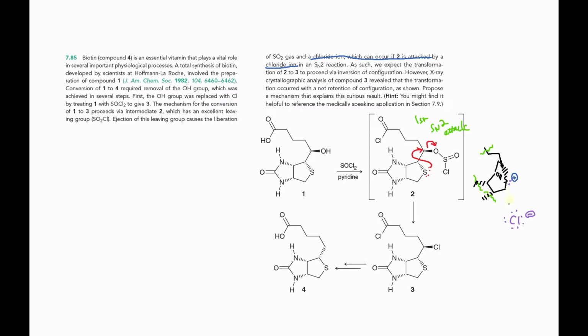To break that, we have to again do a backside attack on that carbon, and this bond acts as if it's a leaving group, and the electrons are placed on the sulfur atom.